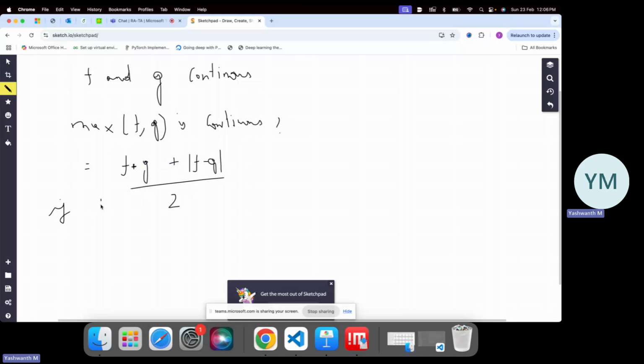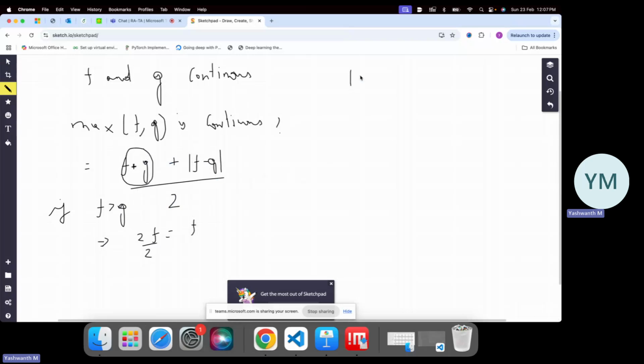If say at a point f is greater than g, then this will be 2f by 2 and this is f. So the point is this is continuous because addition of two continuous functions is continuous, and again f minus g is continuous from the similar argument.